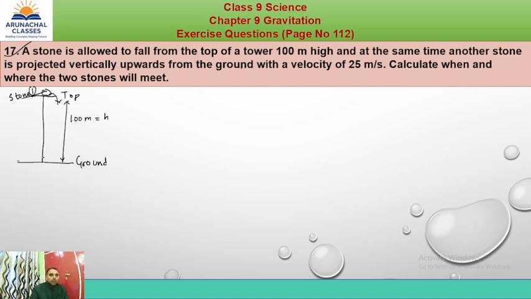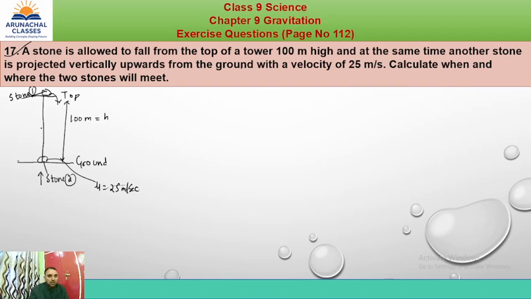At the same time another stone, this is stone 2, is projected vertically upward from the ground with a velocity. Its velocity u is given as 25 meter per second. Now we need to calculate when and where the two stones will meet.